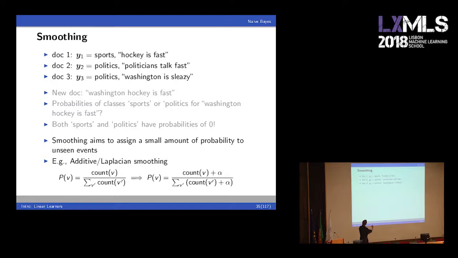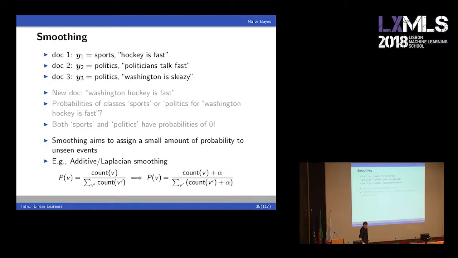So let's look at this example. That's our training set for text classification. The features are words, and we have two classes, sports and politics, and the features are: hockey is fast, politicians talk and fast again, Washington and sleazy.